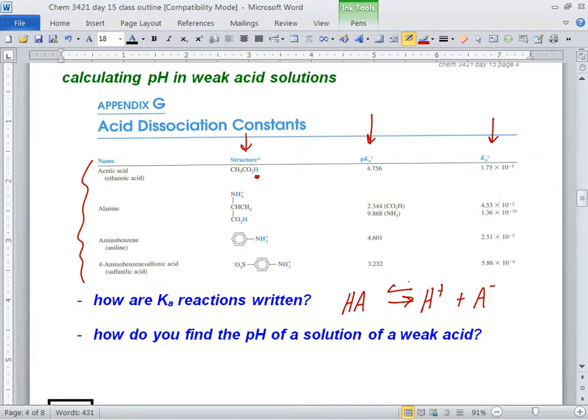So Jackie, the question comes down to how do you find the pH? They say it's 0.2 molar, like HF, because HF isn't on the list, so that means it has to be weak. How do you find the pH? Now, this is a hint, because here's our answer.